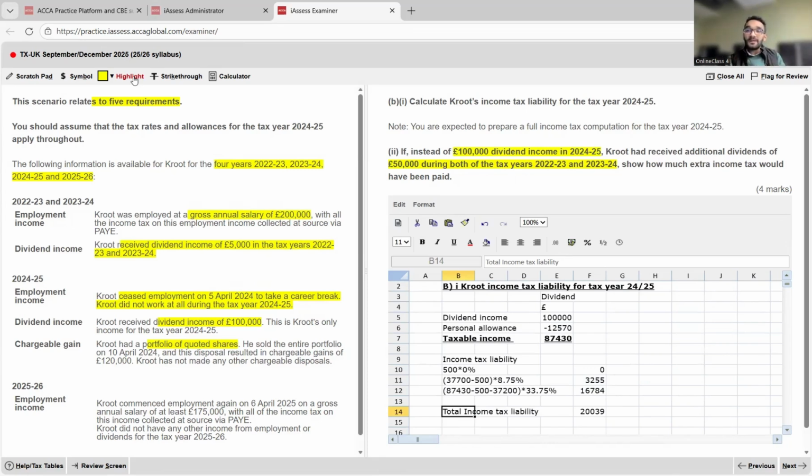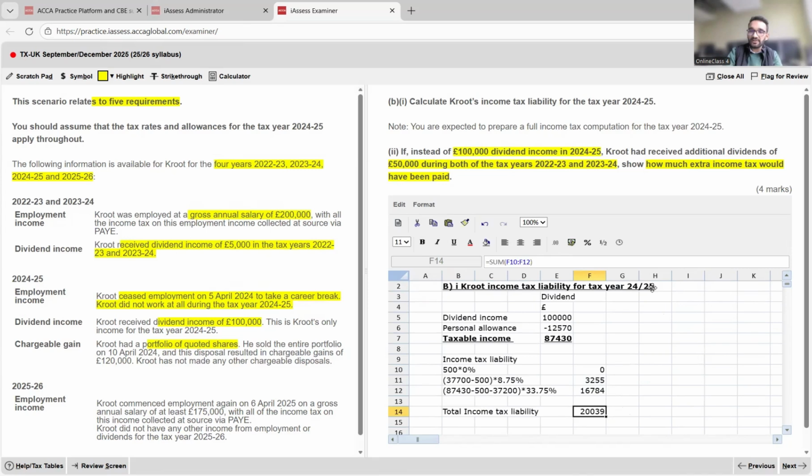Instead of that, what if he had received 50,000 in the 22-23 tax year and the 23-24 tax year? Show how much extra income tax would have been paid. Right now, in tax year 24-25, he has received a dividend of 100,000 as there is no other income. He has paid an income tax liability of 20,039 on the dividend. What if the same amount of dividend was received in the previous 2 tax years, how much additional income tax would have been paid?